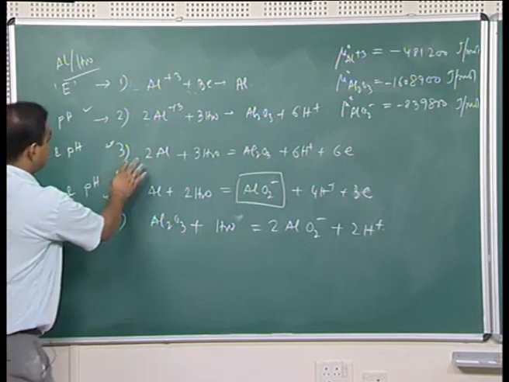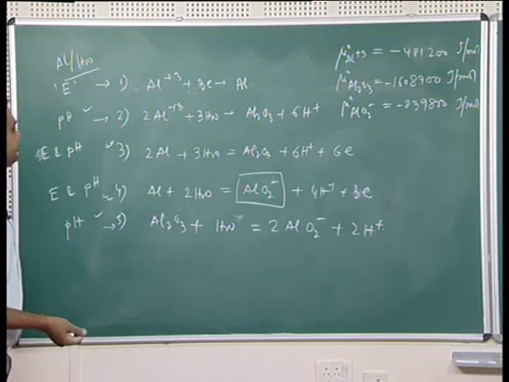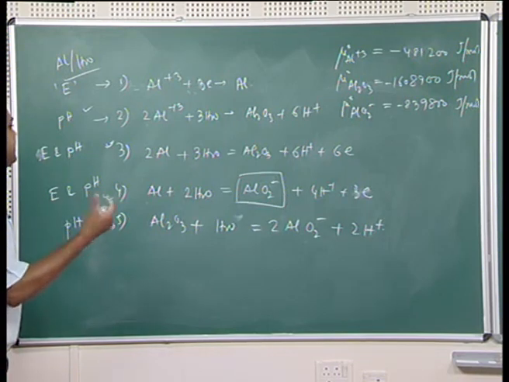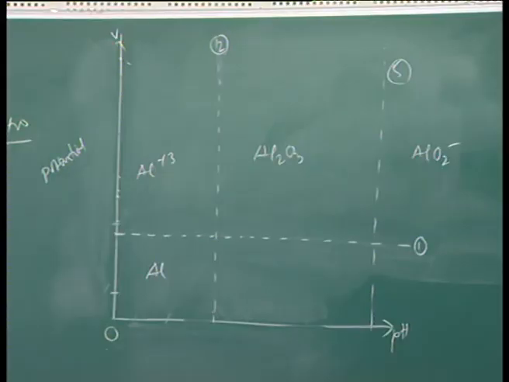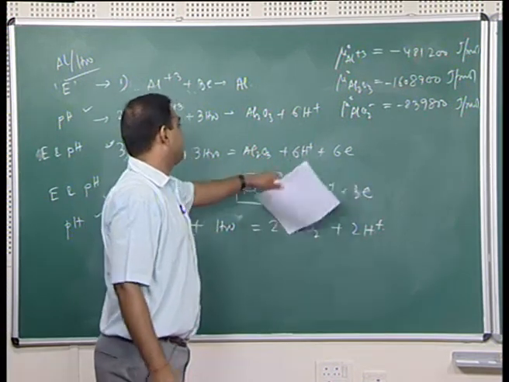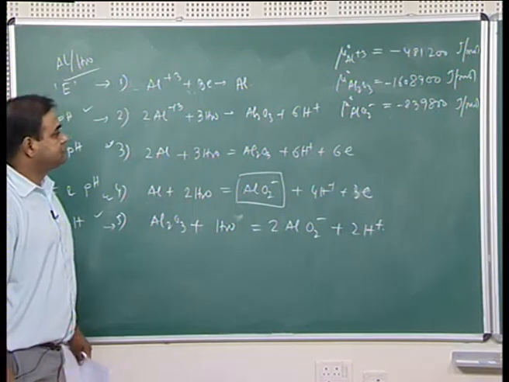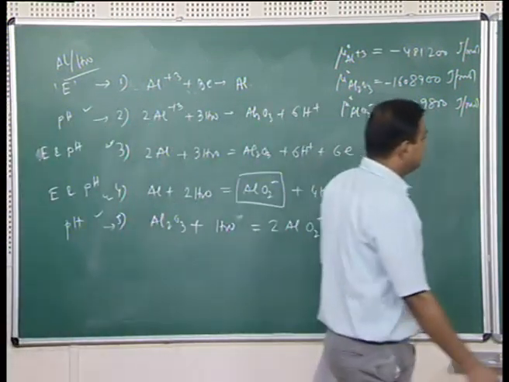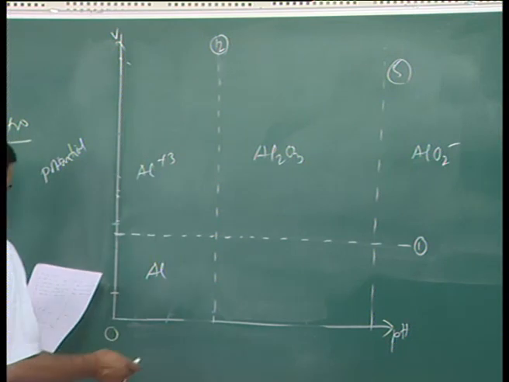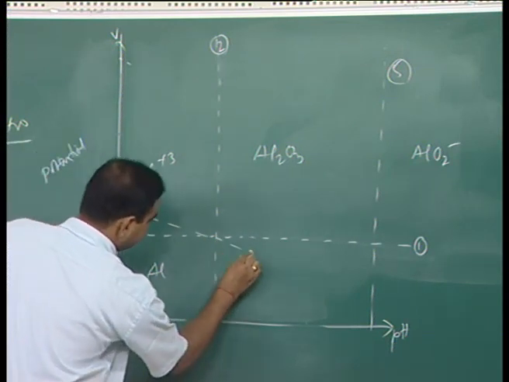If you find out the final relation in the form of E and pH, then you will see this would have a negative slope, and that negative slope you have to find out with the help of the Nernst equation. So, this should be a line which would be going like this.